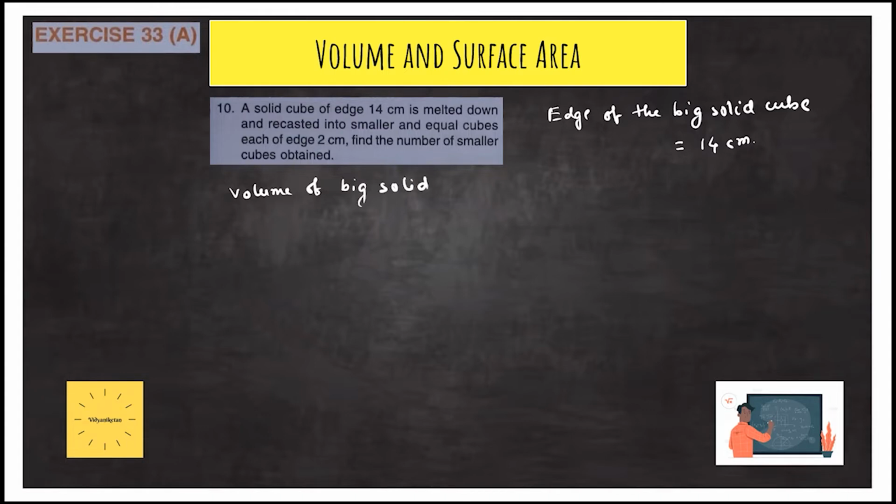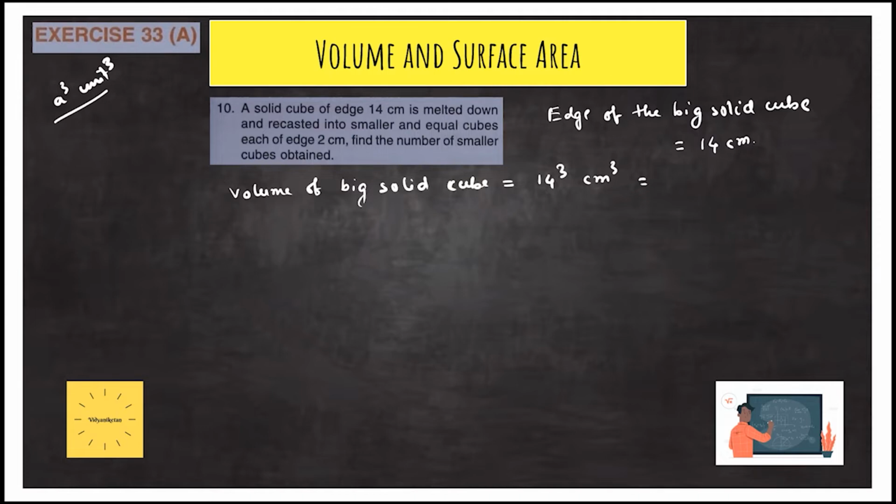The word solid is very important because we are melting the cube. If the cube is hollow, then the complete problem will be changed. So volume of big solid cube is equal to 14 cube centimeter cube, because the volume of a cube is a cube unit cube. So ultimately 14 cube.